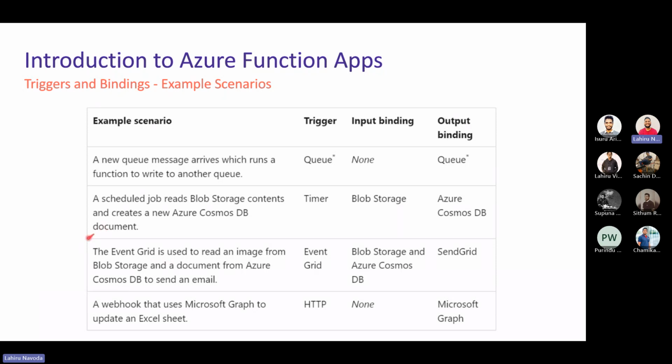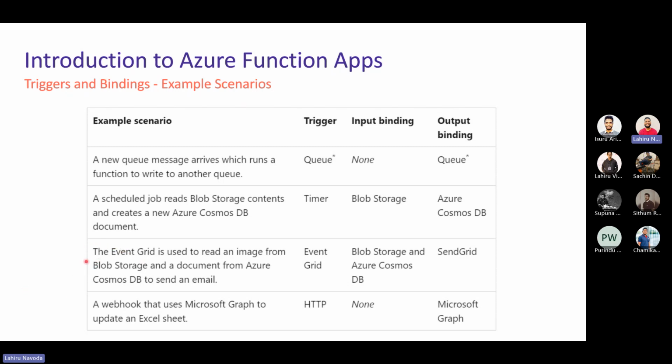Basically, Event Grid is a separate service available in Azure. We can say it's a highly scalable, fully managed pub-sub message distribution service. With that, we can use this service to publish messages. I hope this explanation is sufficient for this scenario.